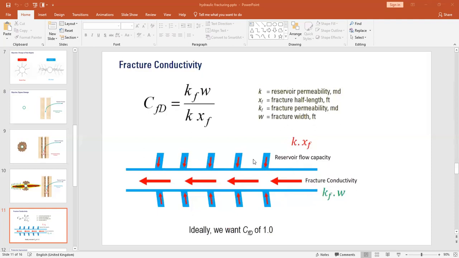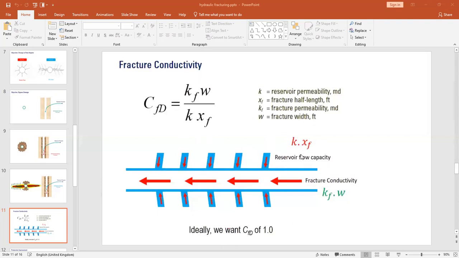All right. So the essence is that it is an advantage to the company if the amount of fluid that gets into the fracture is the same amount of fluid that gets out of the fracture into the wellbore. Ideally, this particular value should be 1.